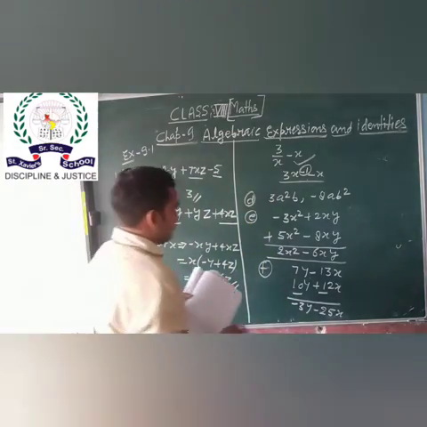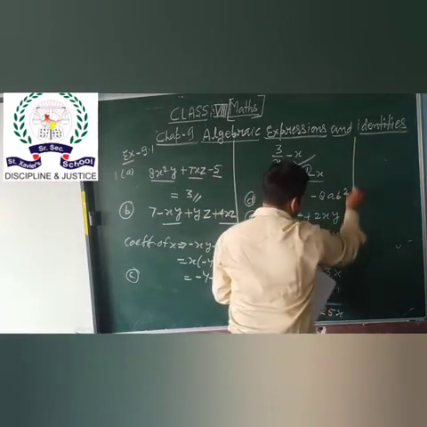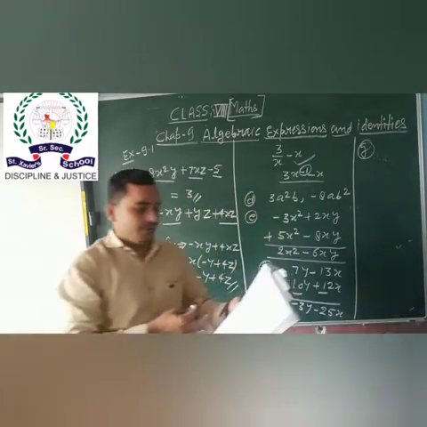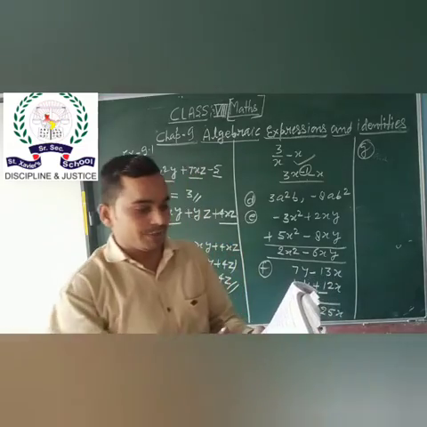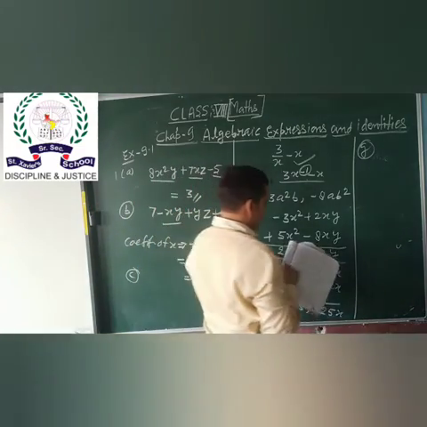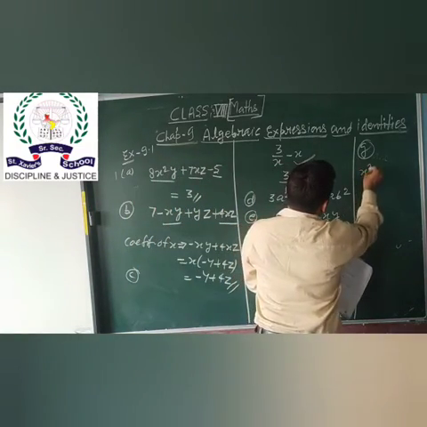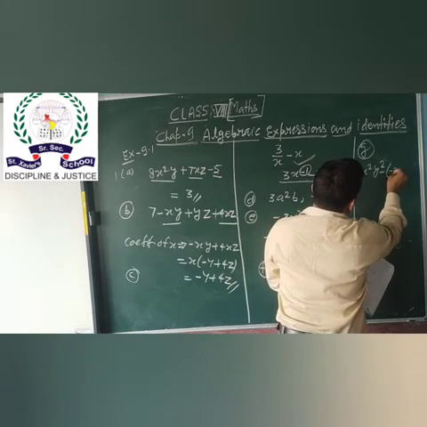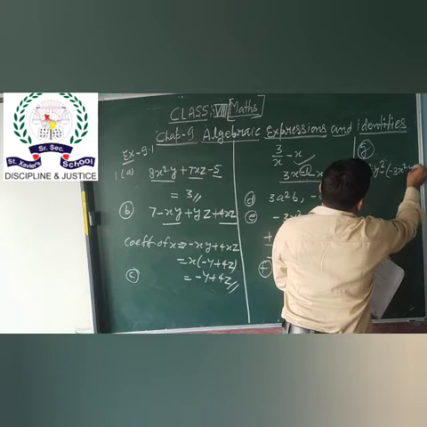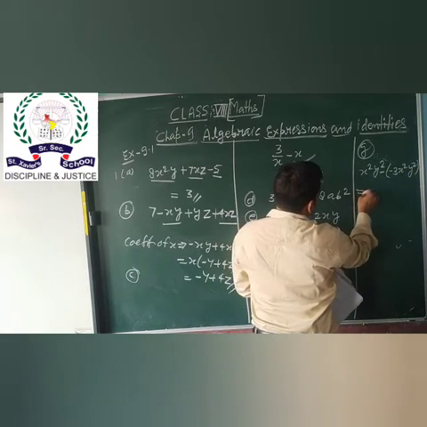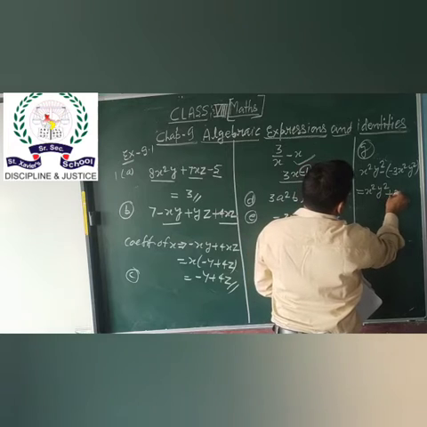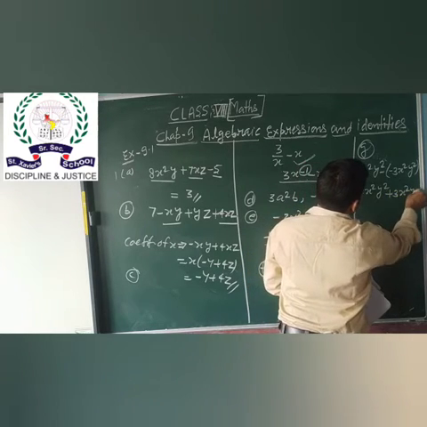Now the G part. If we subtract minus 3x square y square from x square y square, we get x square y square plus 3x square y square.